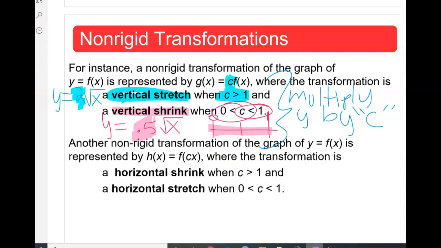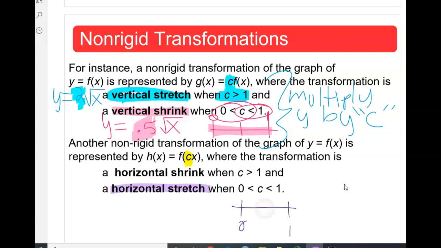And that is because I have that 0.5 there. So if I go to my notes, I'm going to see the following. That if I want to horizontally stretch a graph, I will have to use the equation that will have that constant multiplying the x directly, but also it will have to be between 0 and 1.